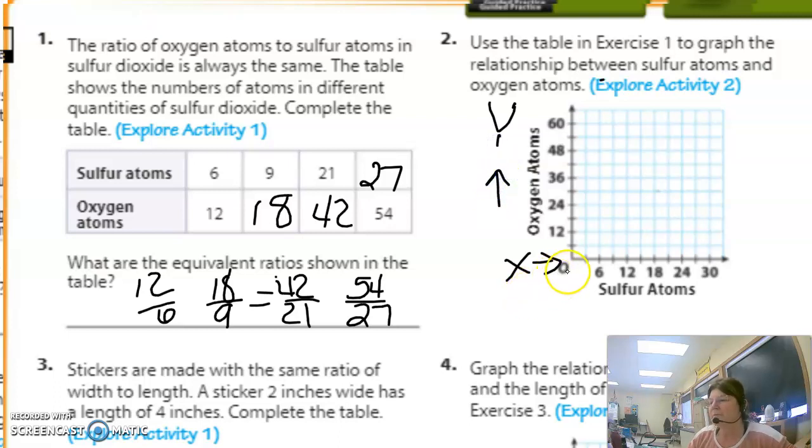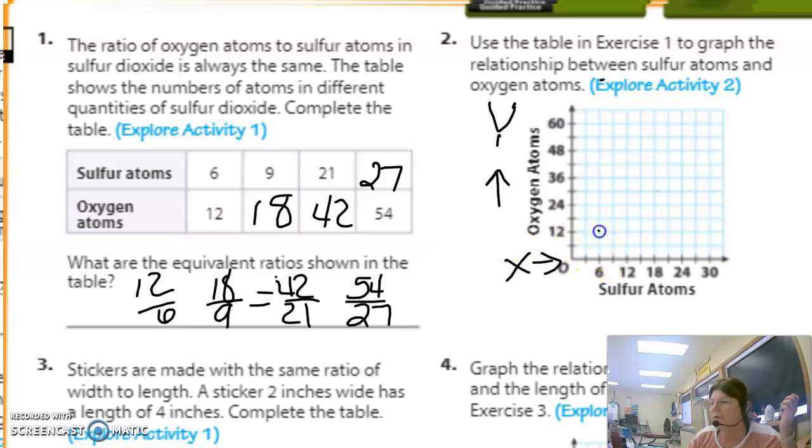In this particular case, it asks you for the oxygen, see right here, oxygen, and this is your sulfur. So your first number will be your sulfur atoms, okay? The sulfur atoms. And it says the 6, so we have to find the 6 and the 12. So here's the 6 and here's the 12.